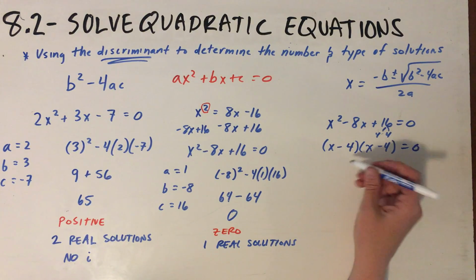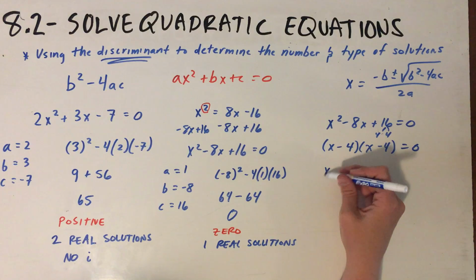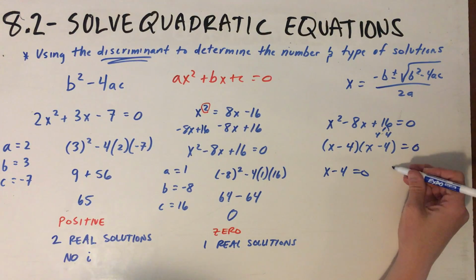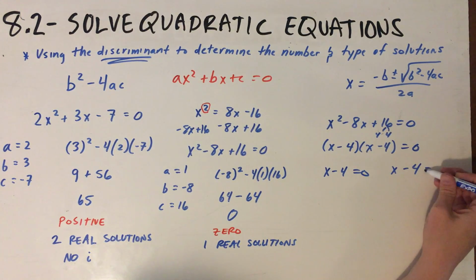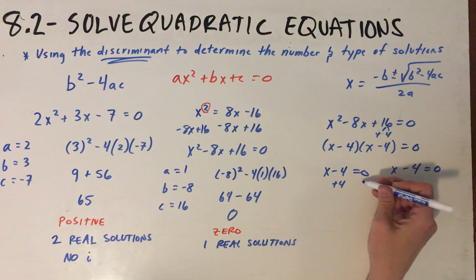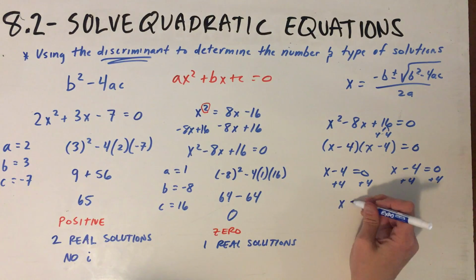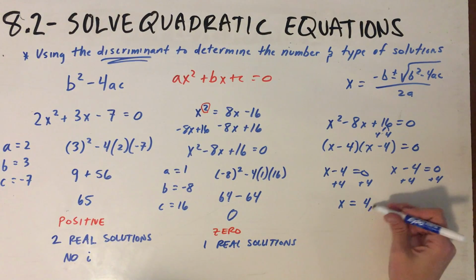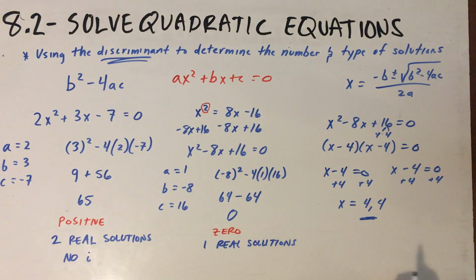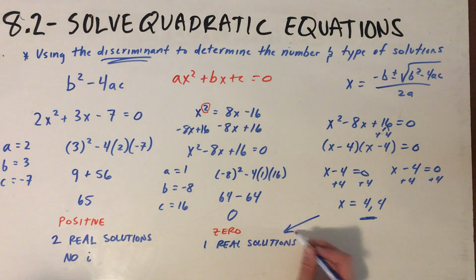If I set each one of these factors equal to 0, what would I have to plug in for x to get 0? Then x would be 4 here, and it would be 4 here. Well, this isn't two solutions. This is only one solution.